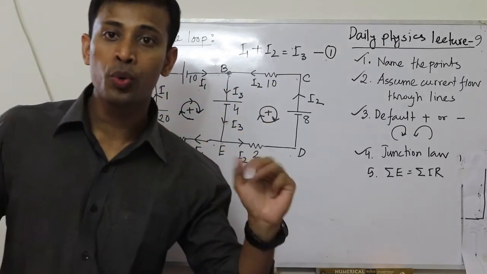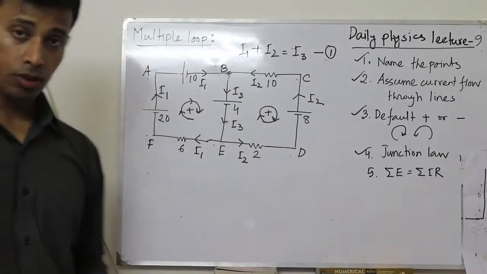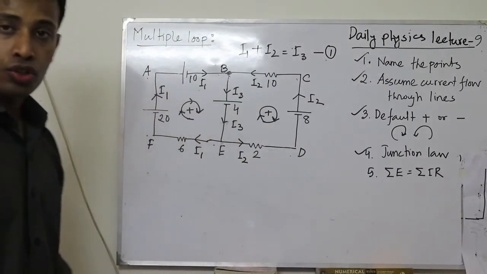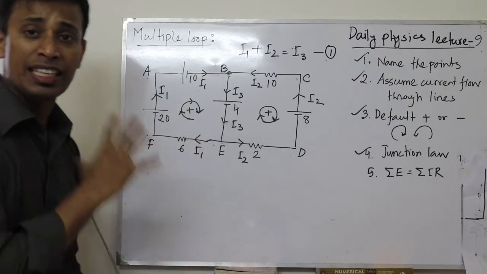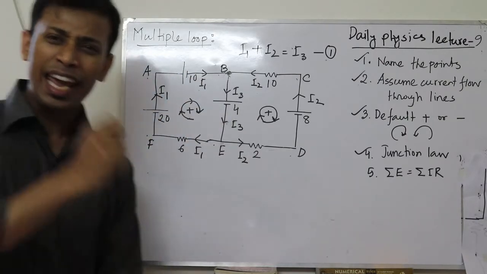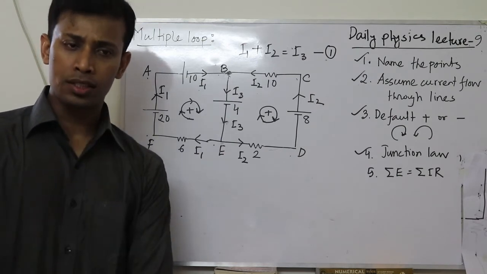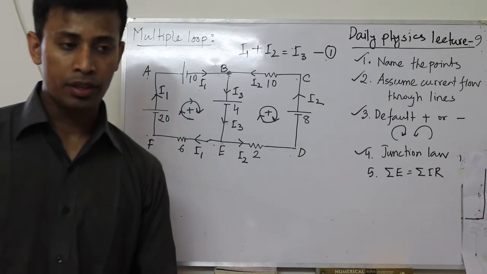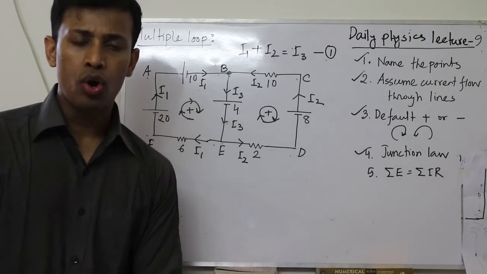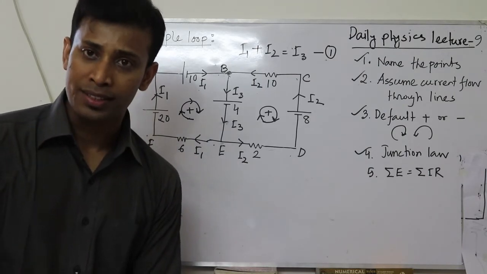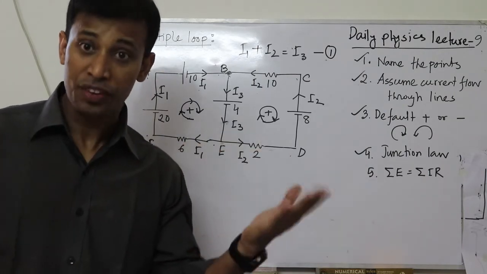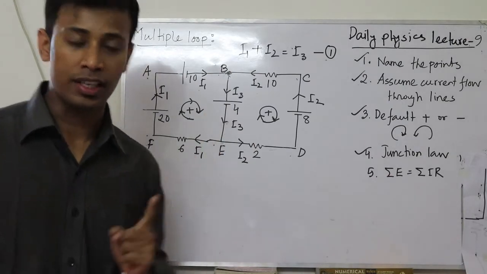Which 2 will we choose? That's the trick. Let's see this circuit again and look at the lines. Is there any line where no resistance is present? Let me say it again. Is there any line where no resistance is present? If there is any line, try to figure it out.